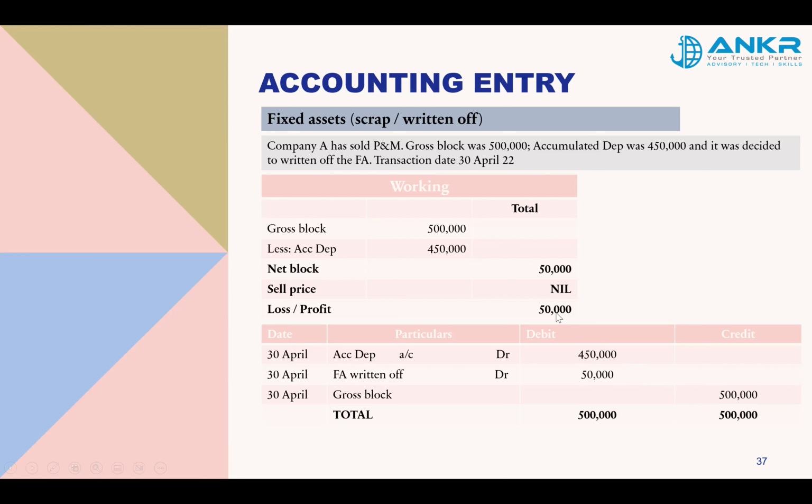And the difference of 50,000 rupees will be fixed asset written off. The name of the account can be different as per your chart of accounts, but fundamentally this is the accounting entry, okay?